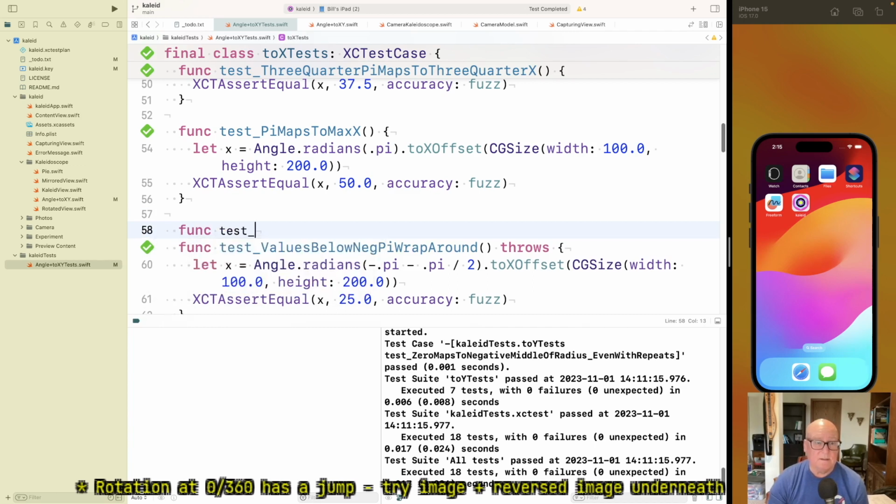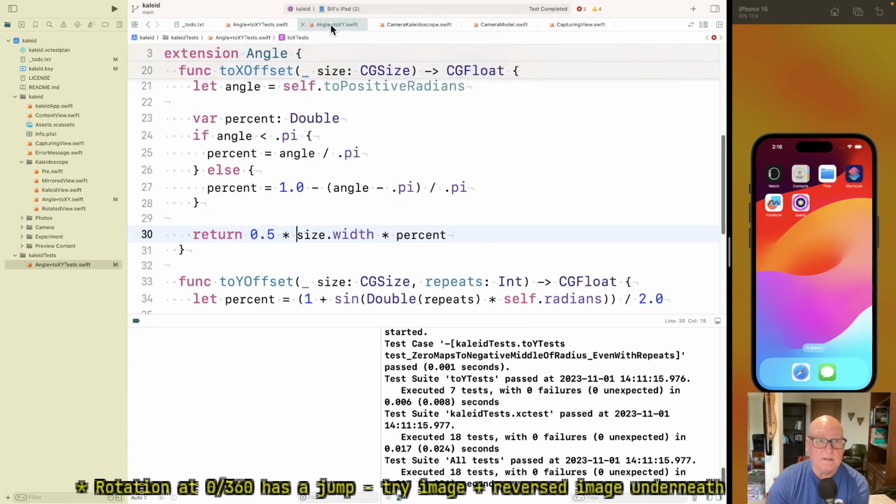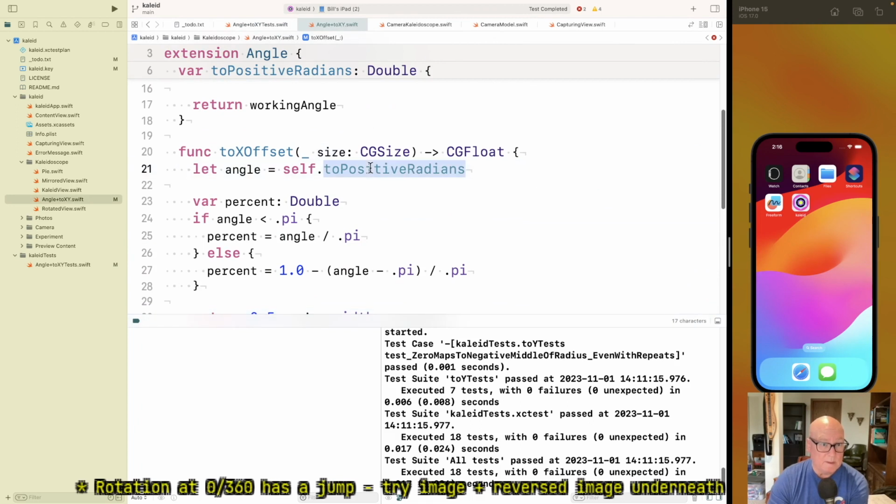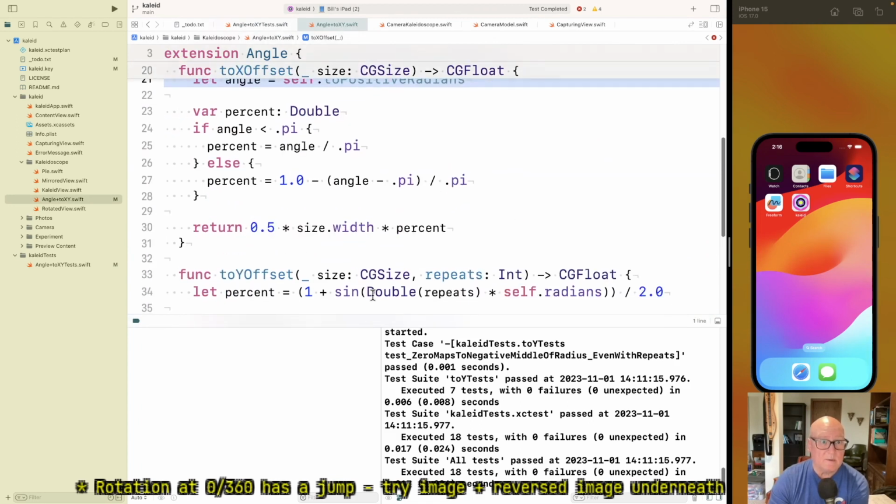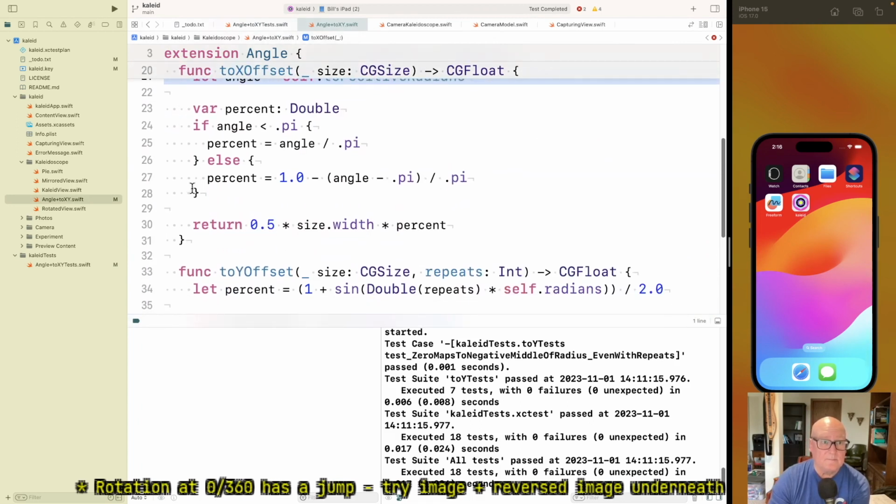Func test pi. That's right. Yeah. So normally I'll never be dealing with the negative stuff in angle because we force it to the positive radians right away. Also, I wonder if that can be a let.